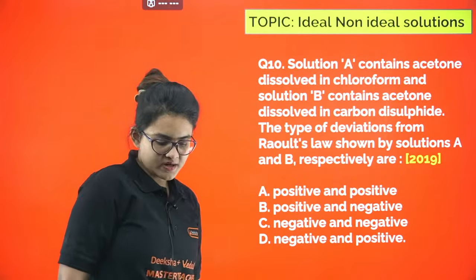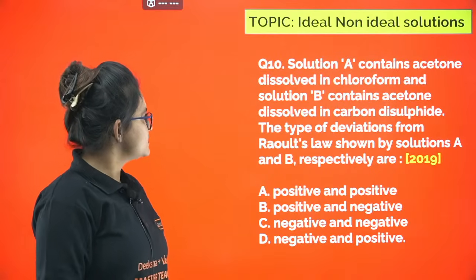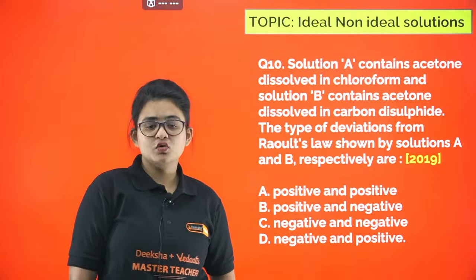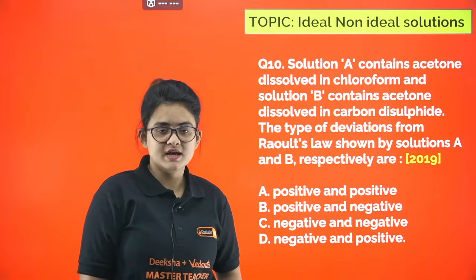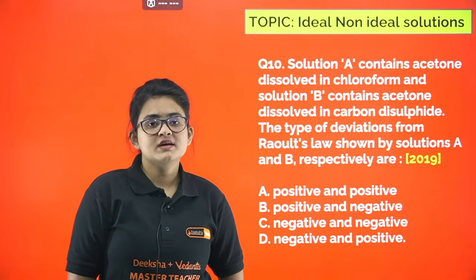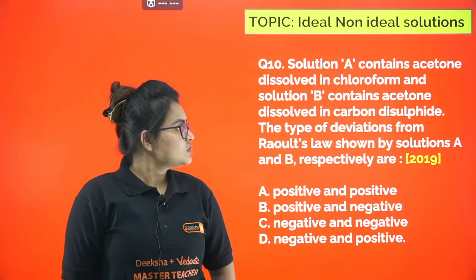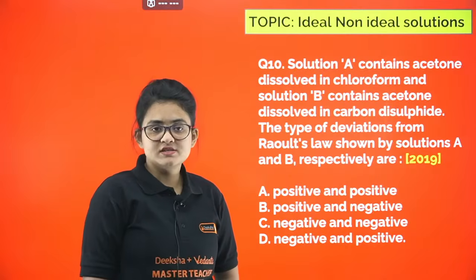Here you can see ideal and non-ideal solution. Very important part. First question, solution A contains acetone dissolved in chloroform. Acetone itself has dipole-dipole interaction, right? And chloroform itself has hydrogen bonding, right? So what will happen if you put chloroform in acetone?